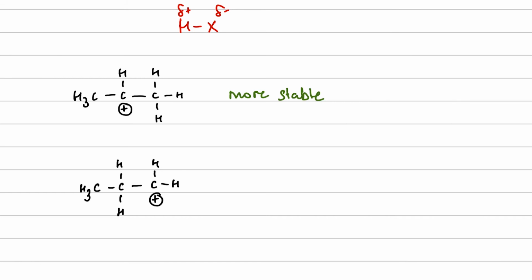Well, if I were to redraw this ion, so I've got H, I've got a methyl group, positive charge, and this CH3 is really just another methyl group. Alkyl groups show a positive inductive effect, which means that they push electron density from the sigma bond towards the carbon atom, so they help to stabilise the positive charge.